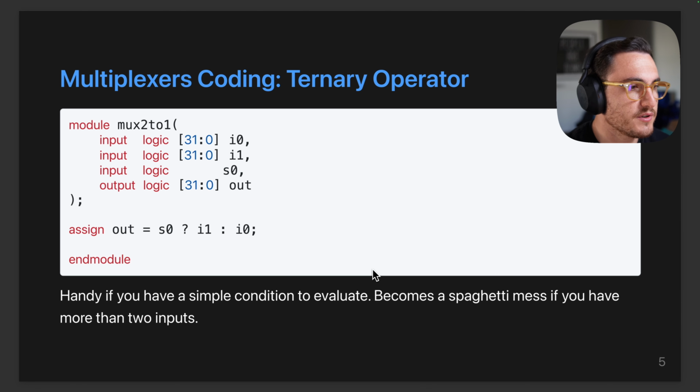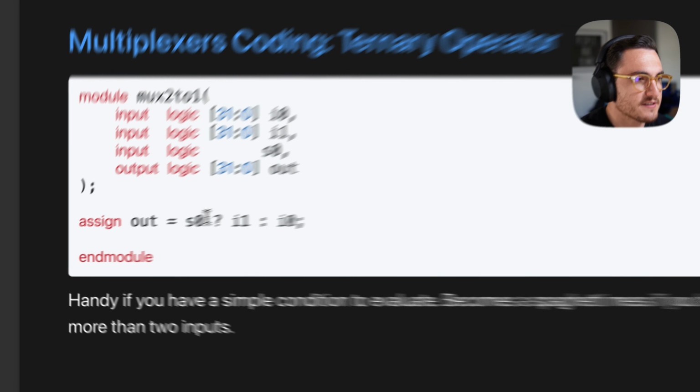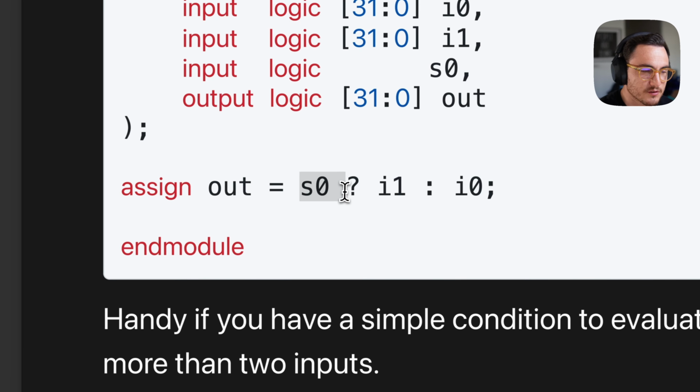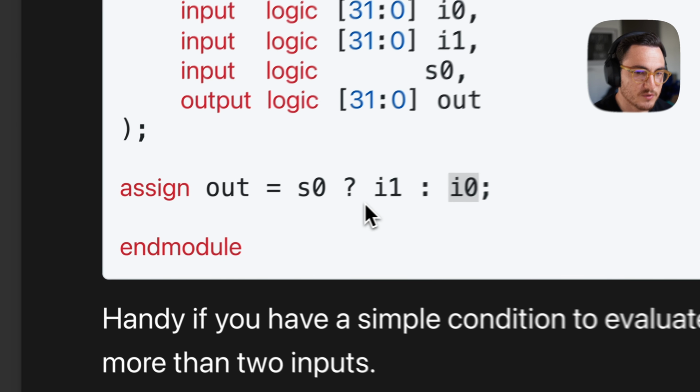So here we assign output based on S0. If S0 is a true condition, so if S0 is 1, we put I1 to out, otherwise we put I0. This is pretty much what we saw in the truth table in the previous slides.